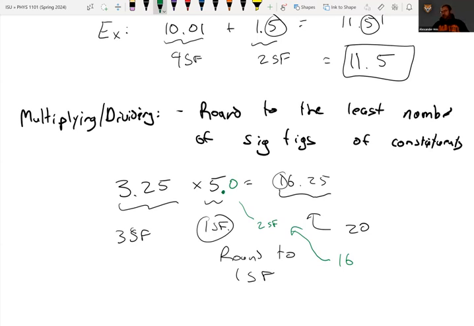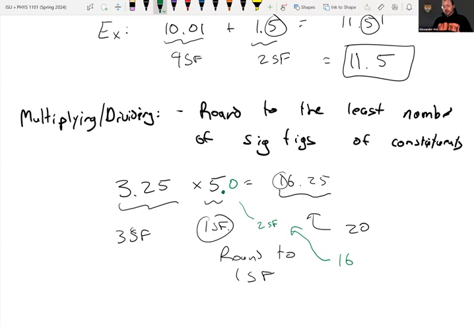Because if it's a specific quantized thing, like you couldn't buy 5.1 objects, that 5 is actually reporting an infinite number of significance because you bought exactly 5. So in that case, you would just say it's 16.25. Okay. So that's the idea behind that.